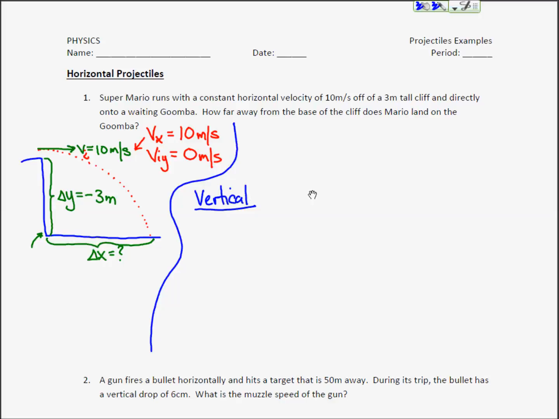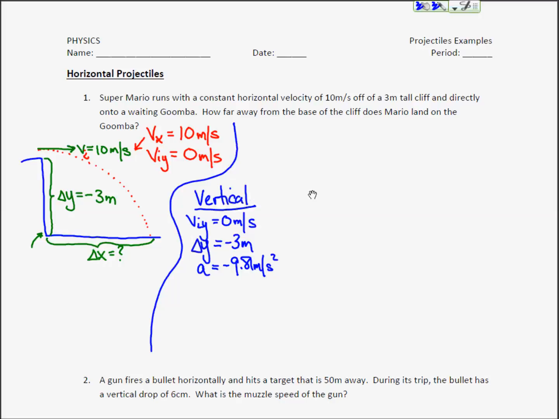First, our initial vertical velocity, V_iy, is equal to 0 meters per second. We also know our vertical displacement, delta y, which is negative 3 meters. And one thing that we always know in our vertical direction is our acceleration, negative 9.81 meters per second squared. So those are the givens in the vertical direction.